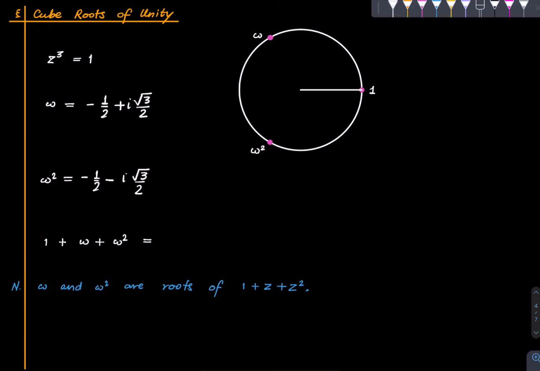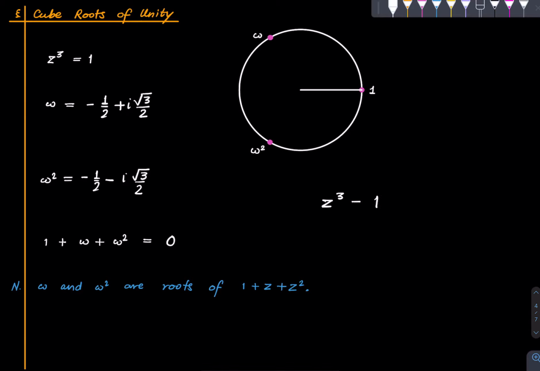And you can calculate their sum, 1 plus omega plus omega square, in 2 ways. This turns out to be 0. One reason is that, well, you can just add. If you add omega with omega square, you get minus 1, and then if you add 1, you get 0. So that's a way to see that this is 0. But another way would be you consider this polynomial z cube minus 1.